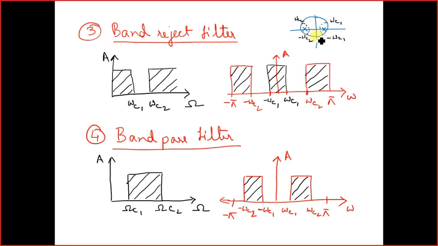Then you have a 0 region. Then minus of omega C1 to 0 you have a high. Then again 0 to omega C1 is high. So it will be a continuous one. And then from omega C1 to omega C2 it will be 0. And then omega C2 to pi it is again having a high response. Okay. Clear? Yes.